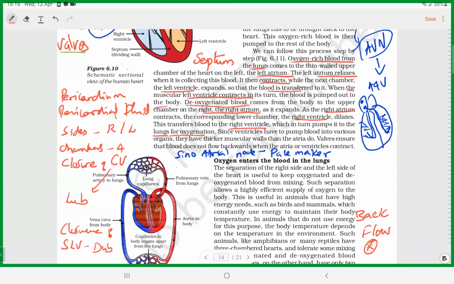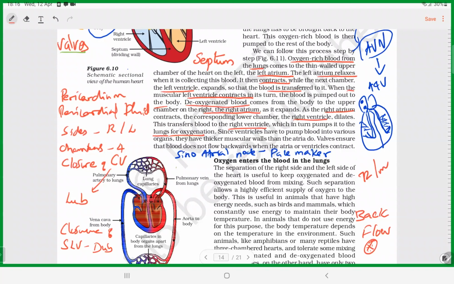Now coming to the other statistical information. Per minute, how many times does the heart beat? 72 beats per minute. Contraction, relaxation is one cycle. So 72 beats per minute.